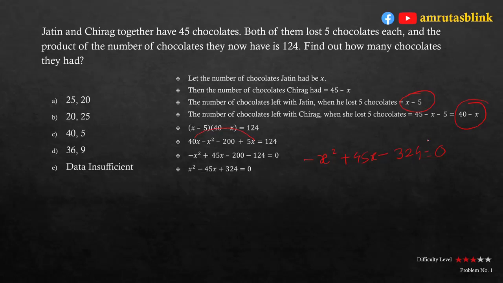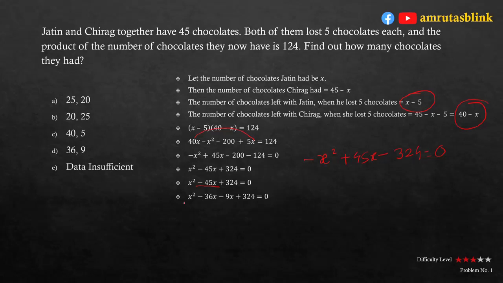Let's say by factorization method we will try to solve this equation. X square minus 45X plus 324 is equal to 0. We can find the factors of 324 as 36 into 9, which will give us the summation as minus 45. Hence X square minus 36X minus 9X plus 324 is equal to 0. So this minus 45 we have broken as minus 36X minus 9X.